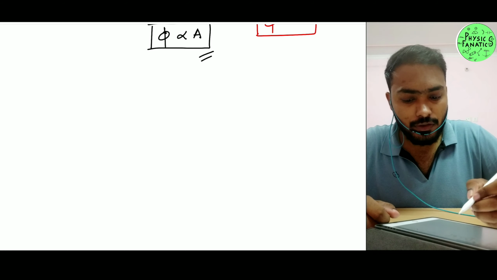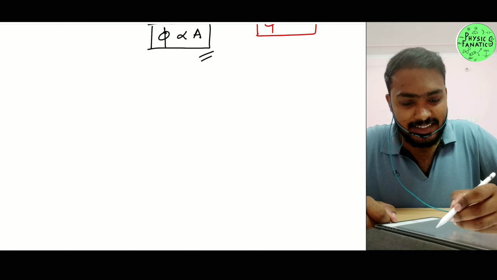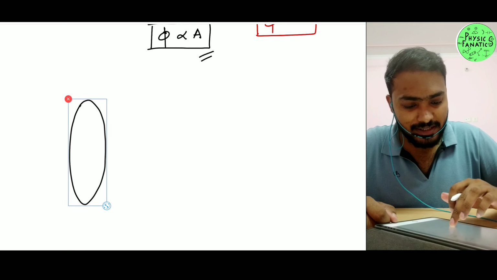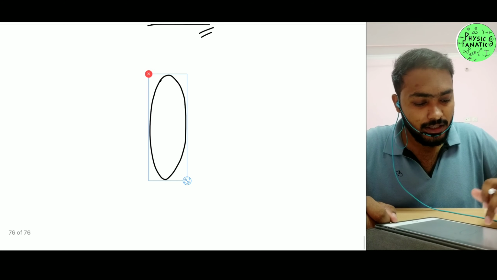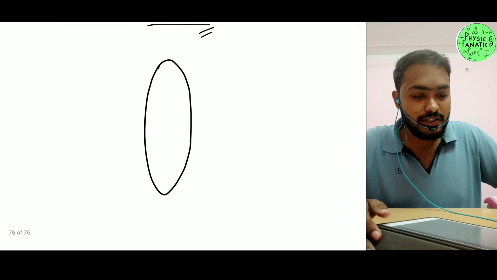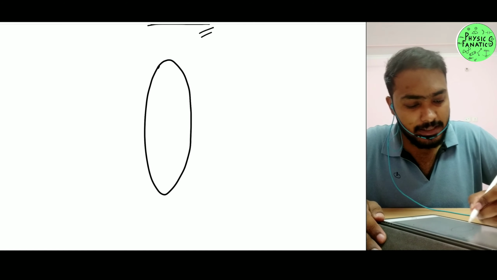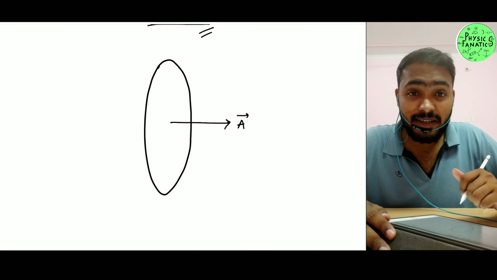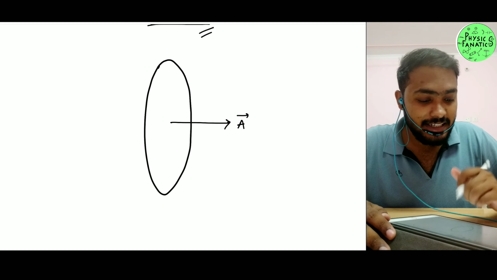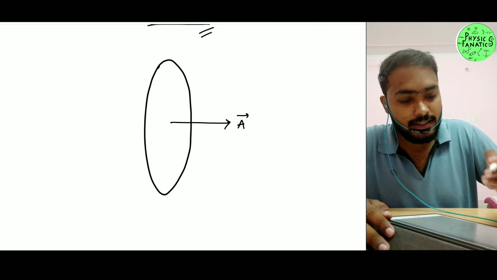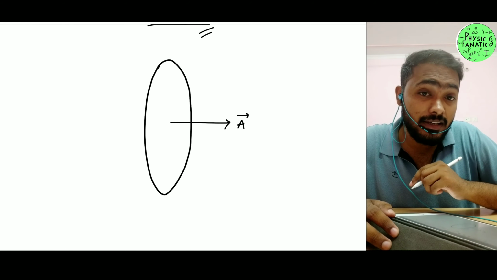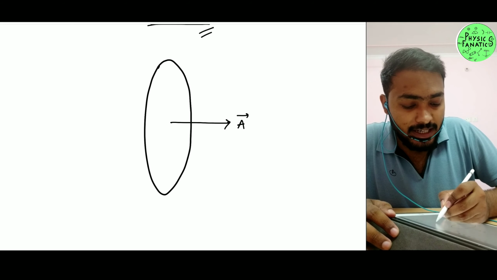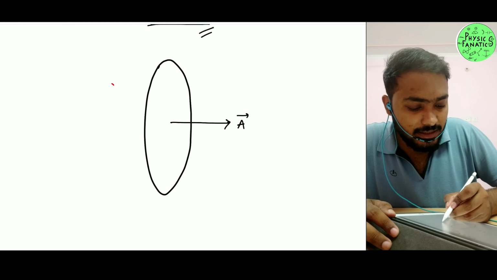Okay, so again let's make the same figure. I have the same figure with me right now. This is an exercise. So this is my area vector, which is obviously perpendicular to the surface. This time my electric field lines will be making an angle with the area vector. Let's say my electric field lines are passing like this.